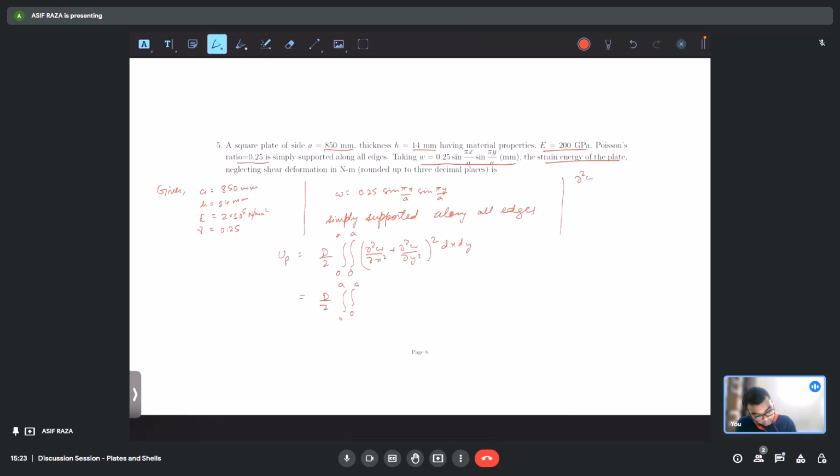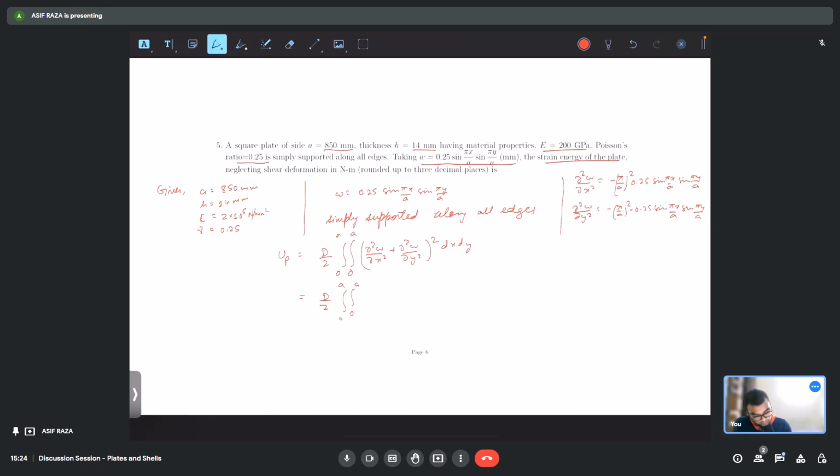Del square w by del x square would be equal to minus pi by a whole square times 0.25 sin pi x upon a sin pi y upon a. Similarly, del square w by del y square would be equal to minus pi by a whole square times 0.25 sin pi x upon a sin pi y upon a.